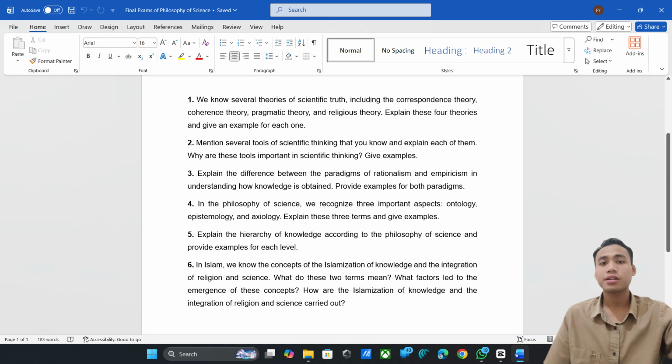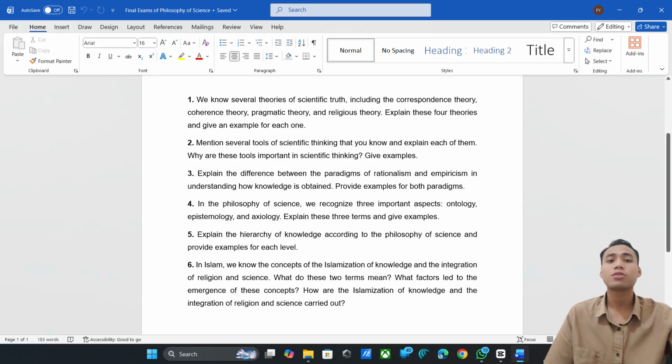First, logic, which helps us draw correct conclusions. Second, language, which helps us express scientific ideas clearly. Third, mathematics, which allows us to calculate and measure things accurately.